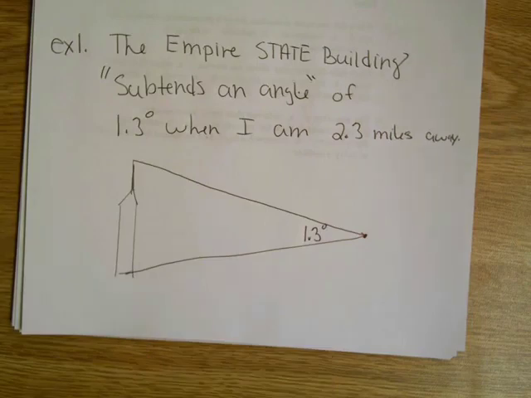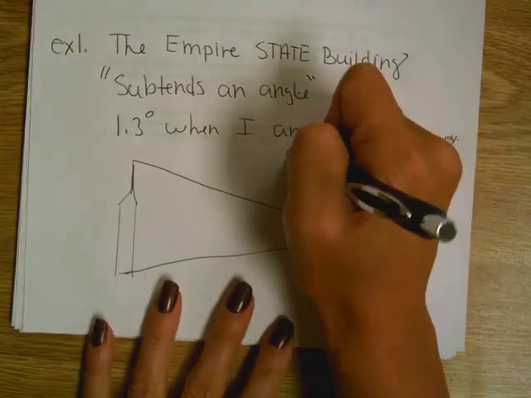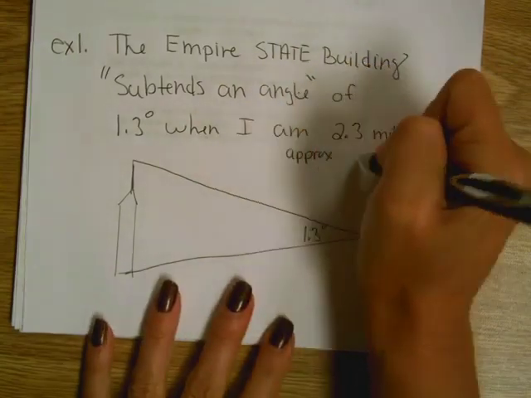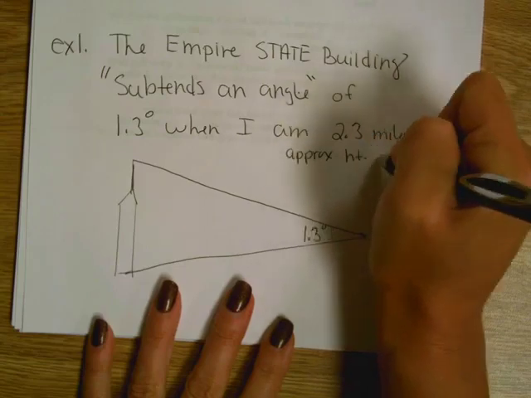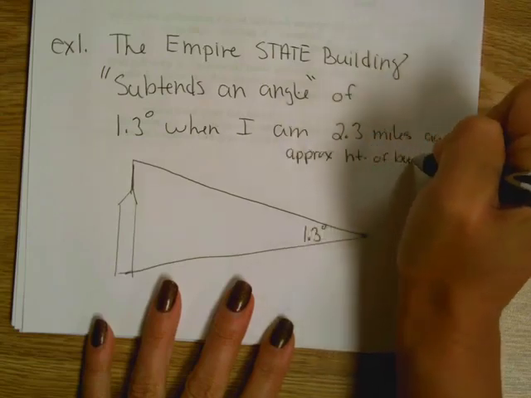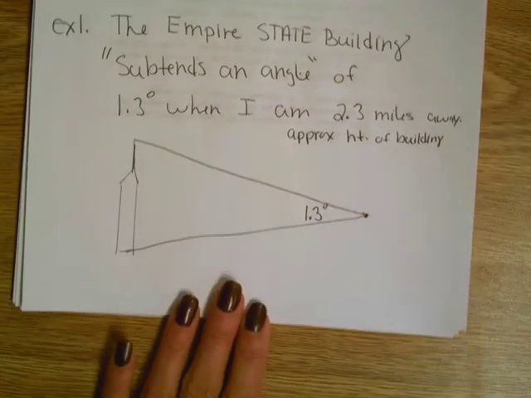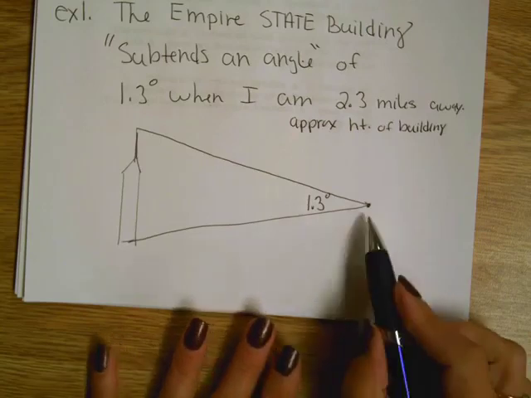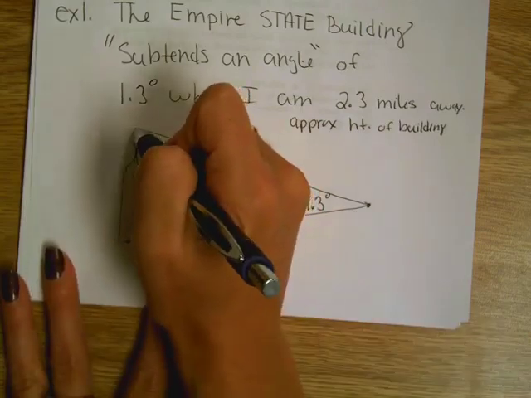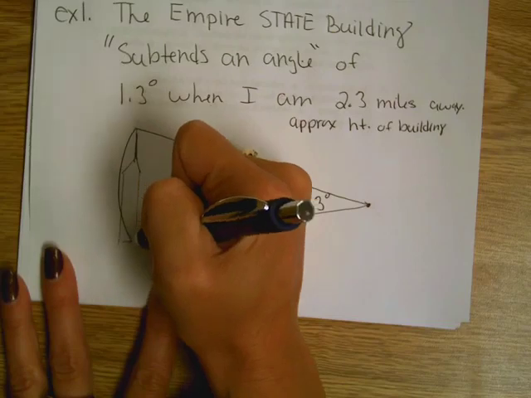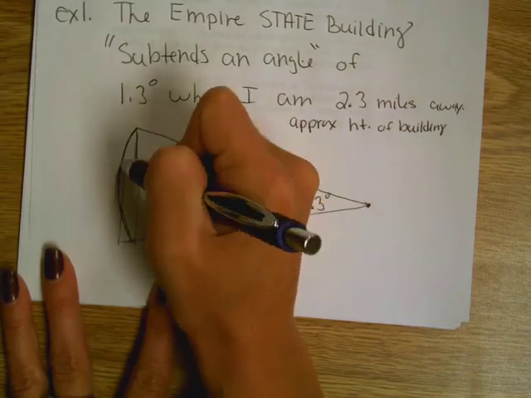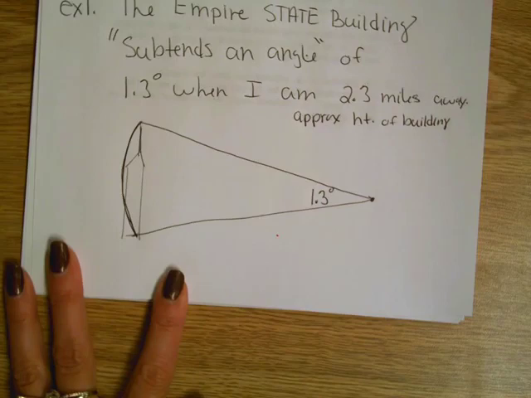Oh, I forgot to write the question down. Your goal is to approximate the height of the building. And how we're going to do this is pretend that this is the center of a circle. We are going to find the arc length, which is going to be a good approximate value for the linear distance, the vertical distance of the Empire State Building.